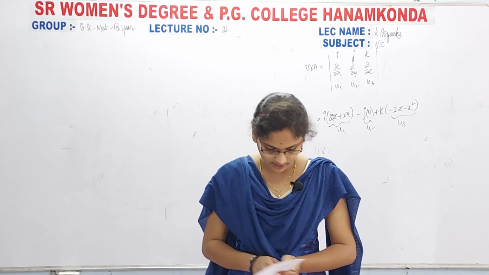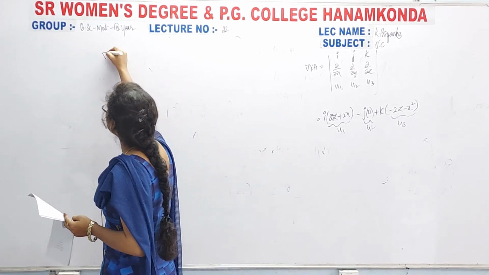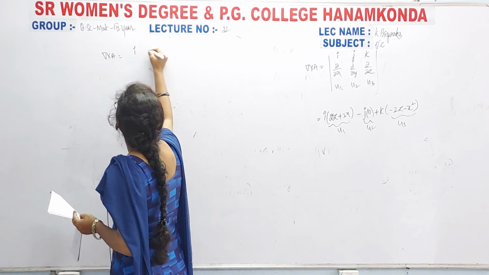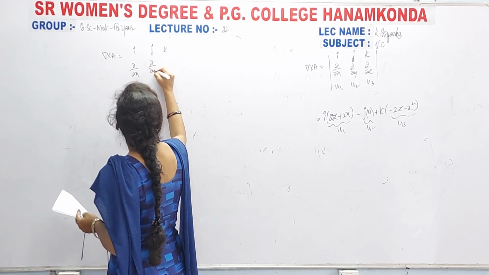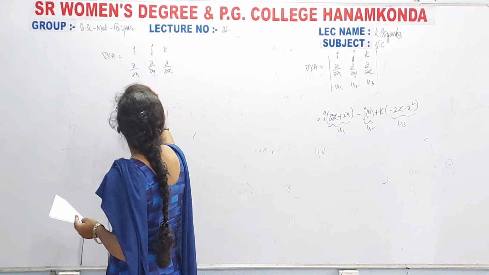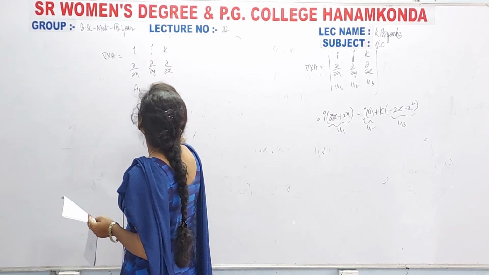So I am going to give the hint. First of all, curl A means the determinant with i, j, k, dou by dou x, dou by dou y, dou by dou z, and A1, A2, A3.